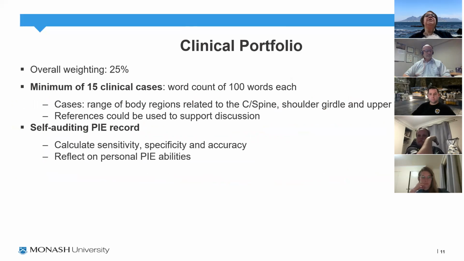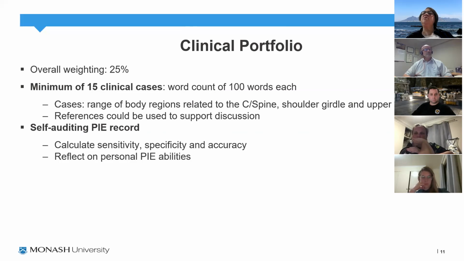So in terms of the clinical portfolio, I'll go through the Moodle book that I've prepared. I'll go on the Moodle site. You might not have seen it maybe if you didn't look this afternoon. But the clinical portfolio, the overall weighting is 25%. You should include a minimum of 15 clinical cases, and each of those cases has a word count of 100 words, plus or minus.